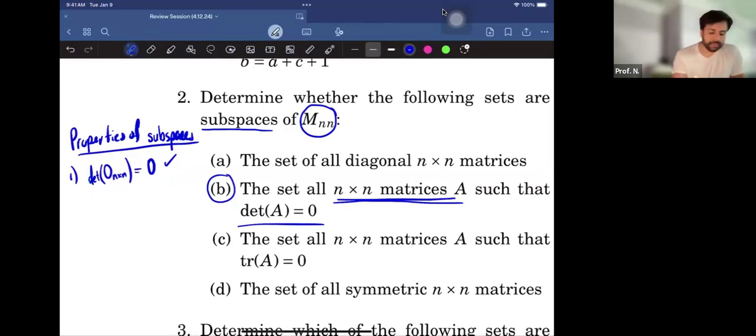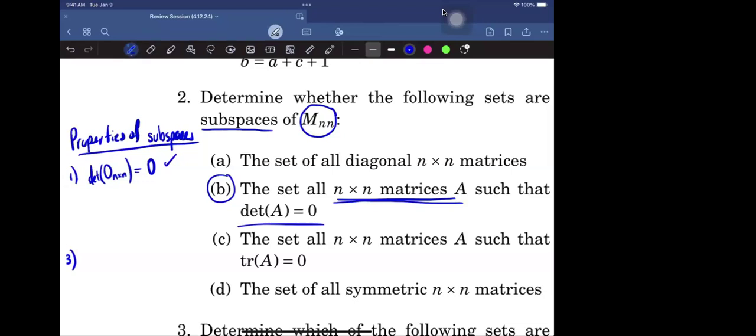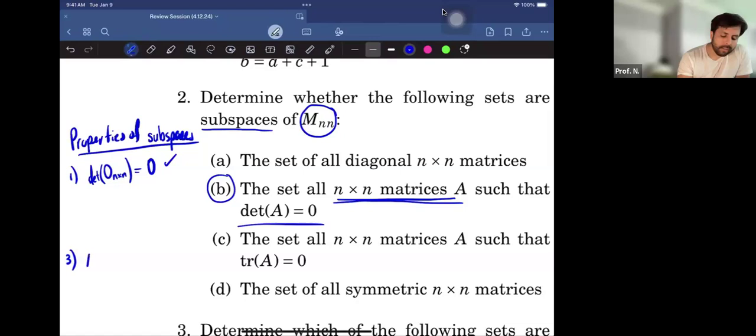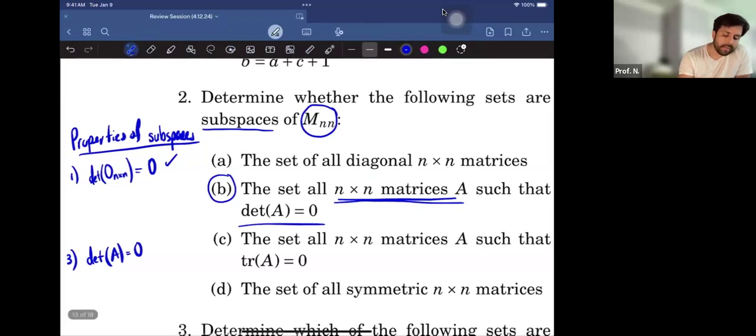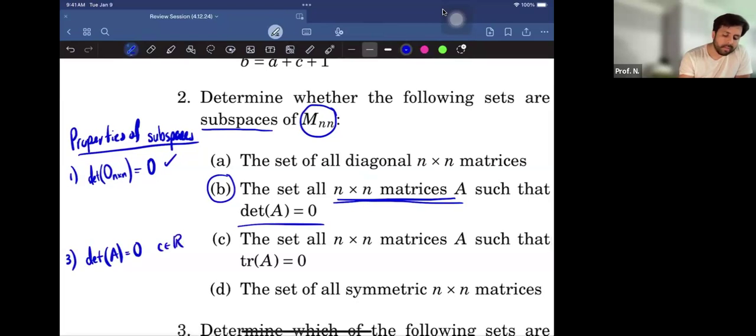The third one, what's the third one? Scalar multiple, right? So if I already have a matrix A in the set whose determinant is 0, and C is some scalar, what happens when I take the determinant of C times A?